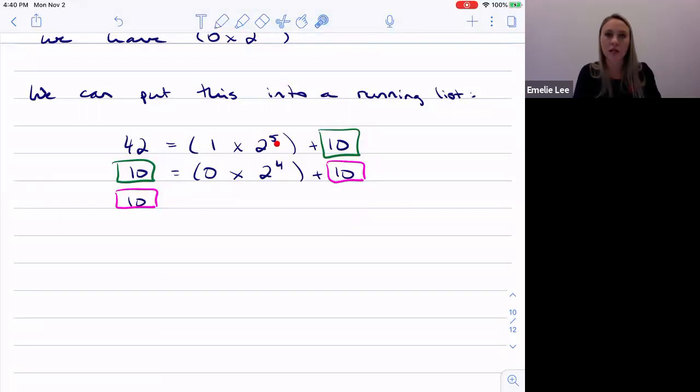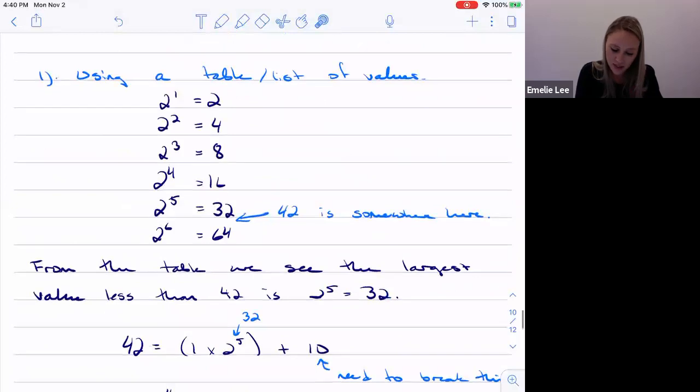Once I've started at 2 to the power of 5, just like before, I need to go through every power till I hit 0. So with the 10, now I'm talking 2 to the power of 3, which is 8. That's helpful, and that's why it's nice to have a reference.